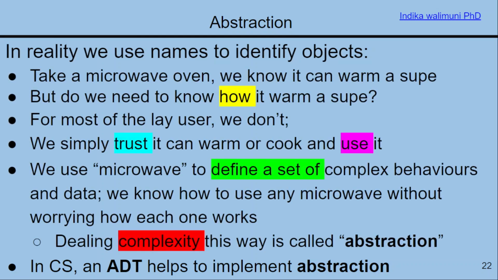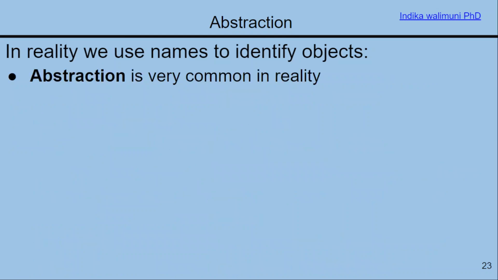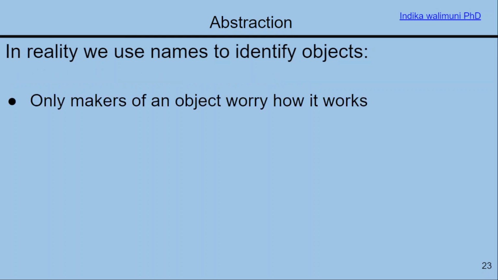All right. So in CS, basically we use abstract data types to implement abstraction. Okay. So abstraction is very common in reality. Okay. So usually, only makers of an object worry how it works.